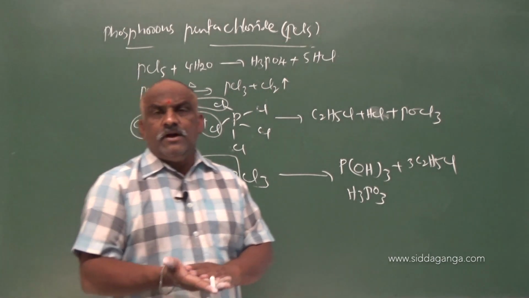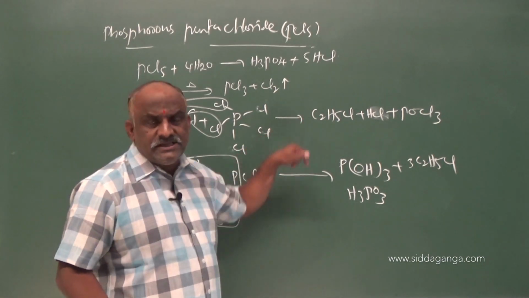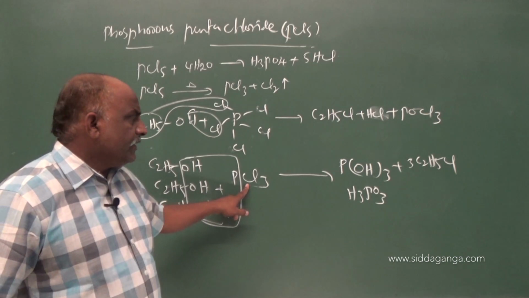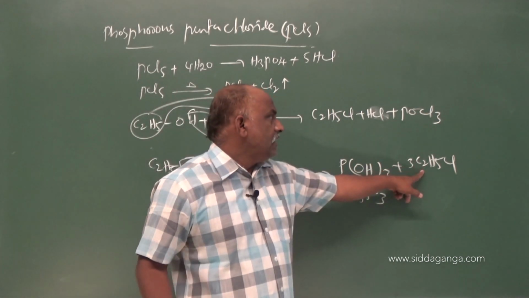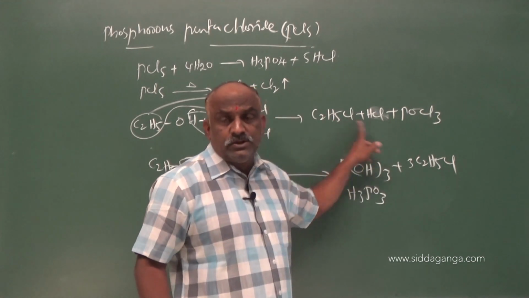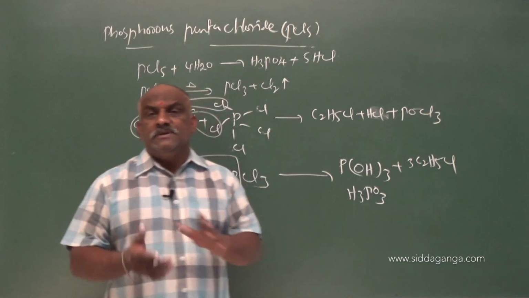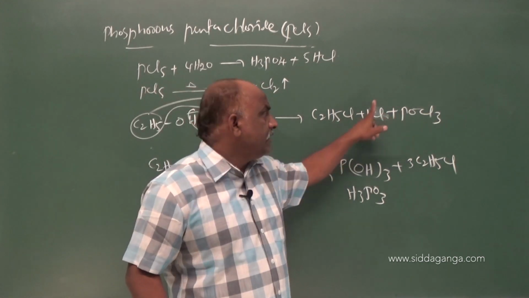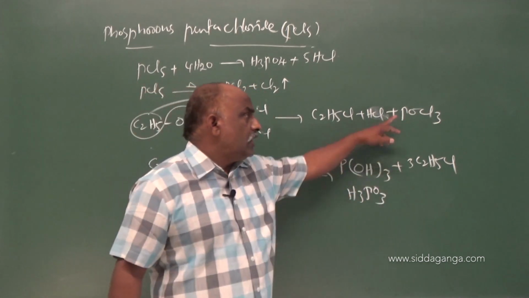We have to notice this comparison while practicing these equations. With phosphorus trichloride, the answer will be phosphorus acid along with formation of ethyl chloride. Here also there is formation of ethyl chloride; both are the same, but the difference is that in this case we get phosphorus acid, while with phosphorus pentachloride we get hydrochloric acid as well as phosphorus oxychloride or phosphoryl chloride.